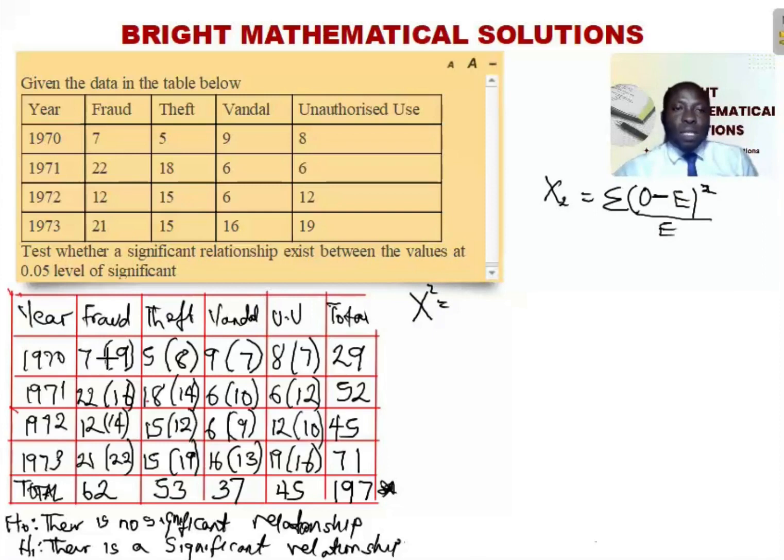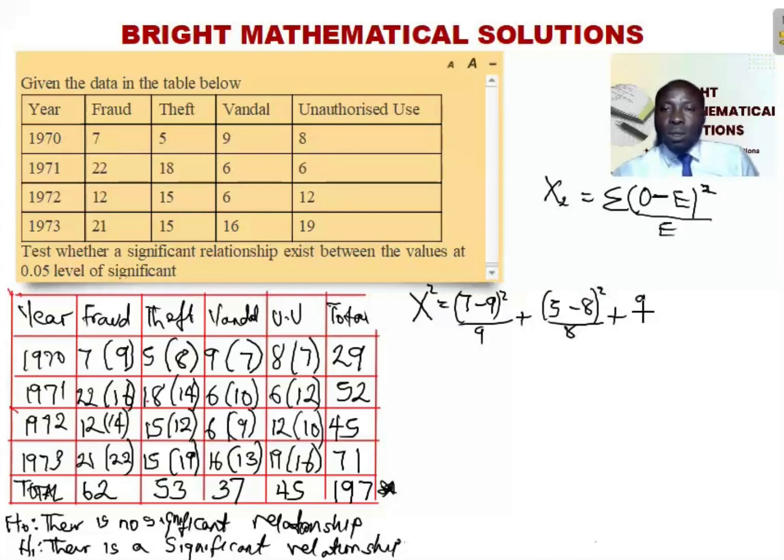So fraud 1970, that'll give us 7 minus 9 square divided by 9, plus 5 minus 8 square divided by 8, plus 9 minus 7 square divided by 7, plus 8 minus 7 square divided by 7.